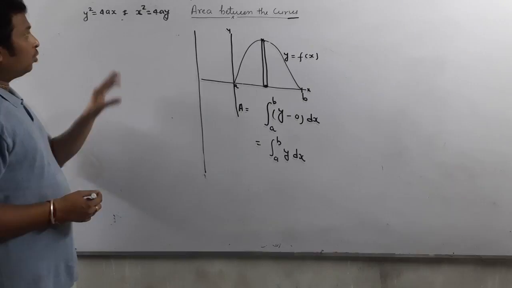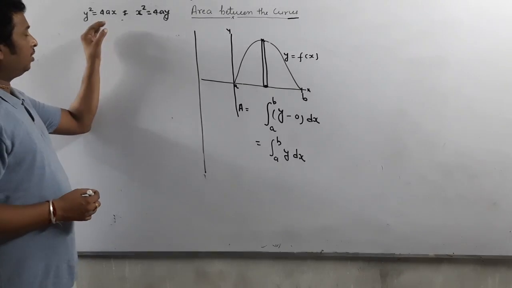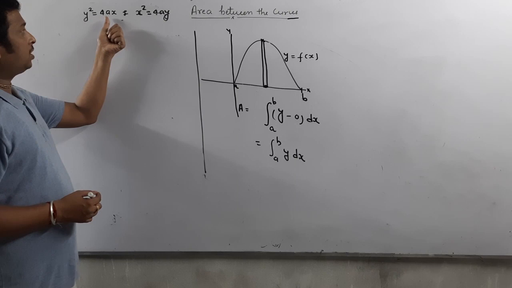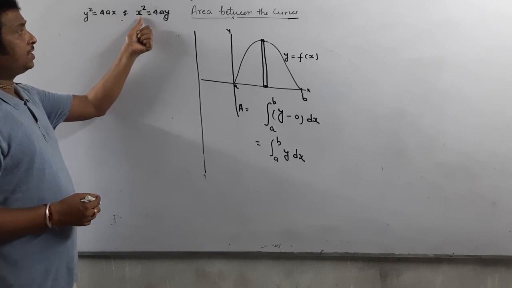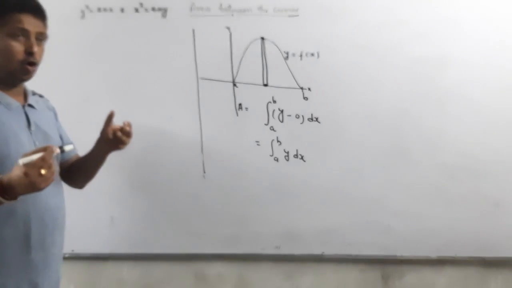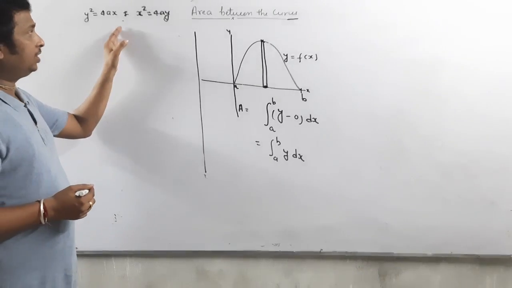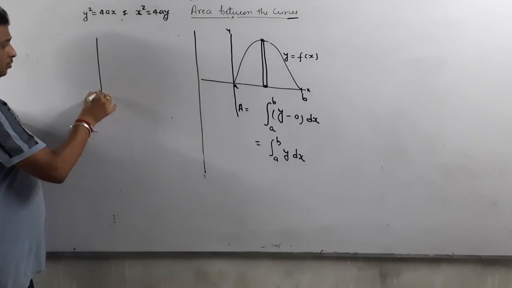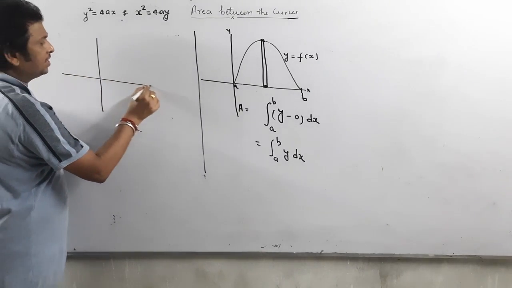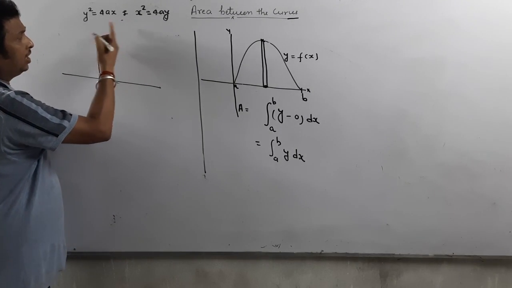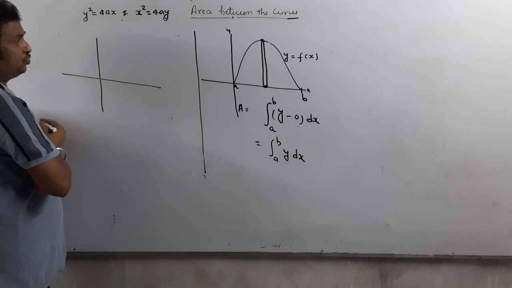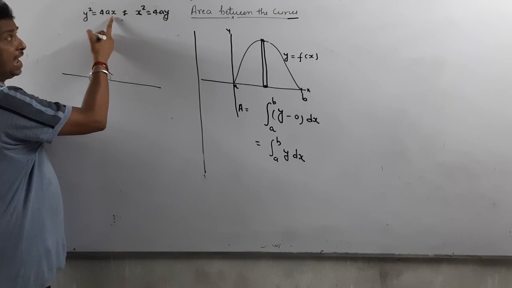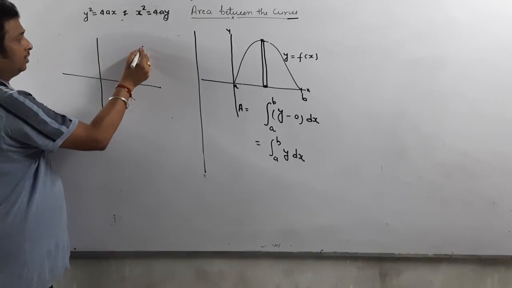For example, now for this question, find the area between the curves y square is equal to 4x and x square is equal to 4ay. How do we find the area between these two curves? So first we have to draw. Drawing is easy because both are parabolas and both have vertex at 0. y square is equal to 4x means x is always positive, means which side?